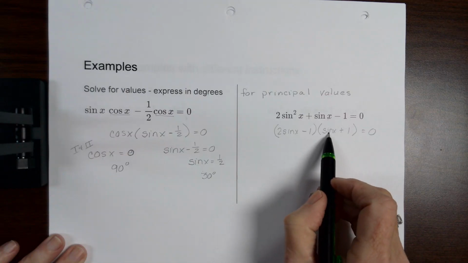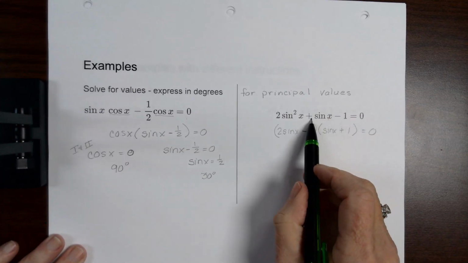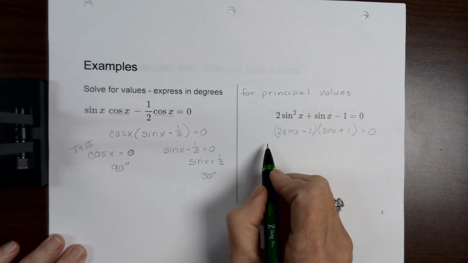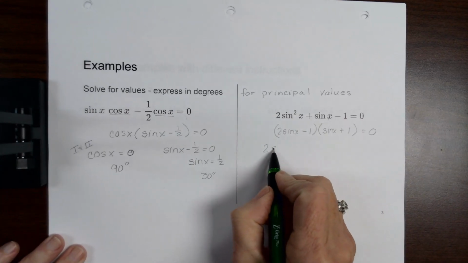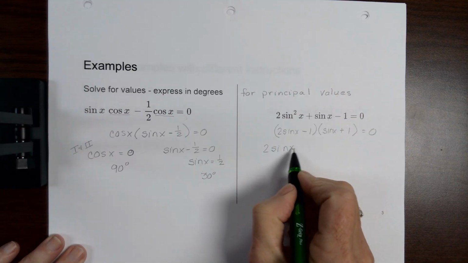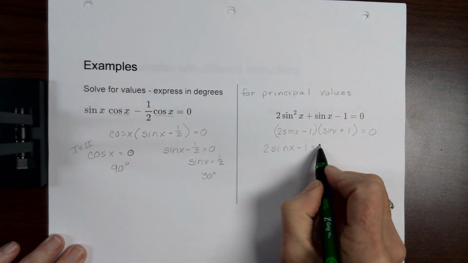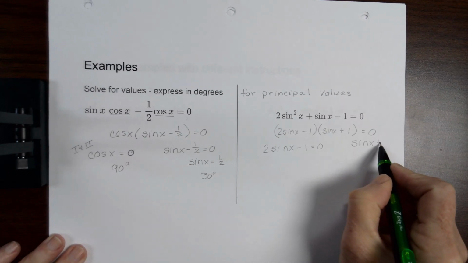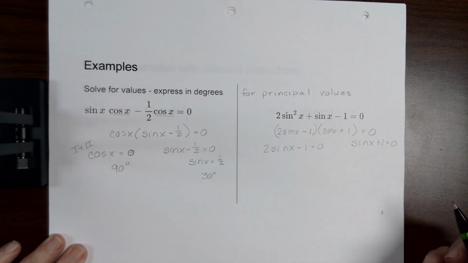When I do inside, a negative sine of x, which when I add those together gives me a positive sine of x. So then I set those two equal to 0. 2 times the sine of x minus 1 equals 0. Sine of x plus 1 equals 0.